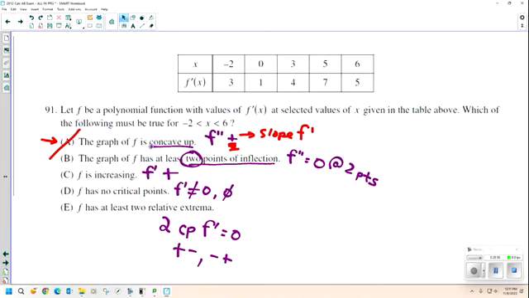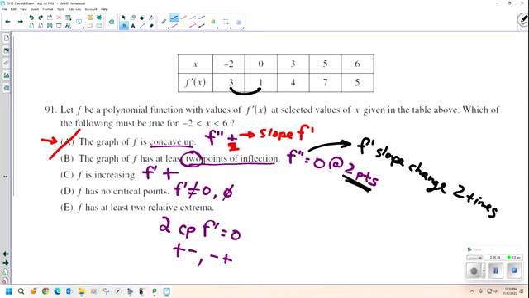B, the graph of f has at least 2 points of inflection, where the second derivative is equal to 0. So this would mean the slope of the first derivative would have to change 2 times.